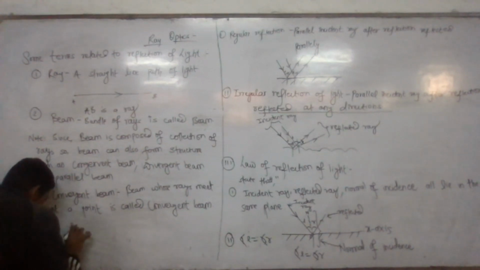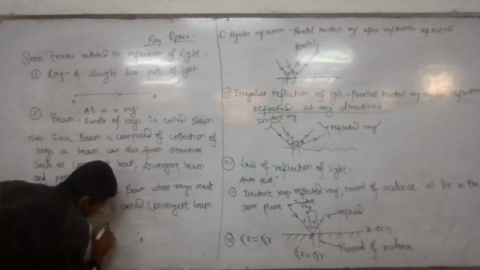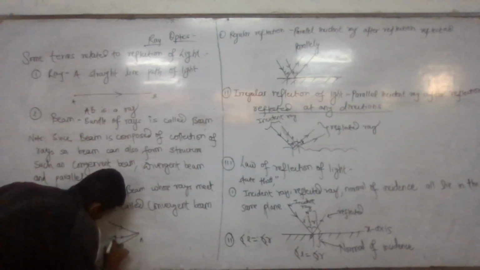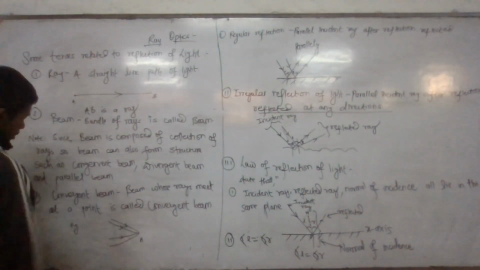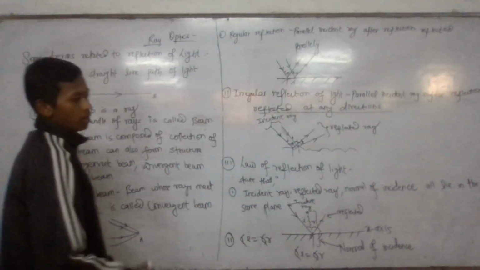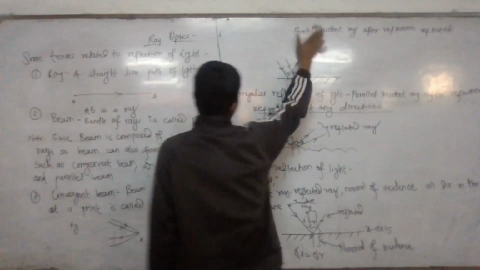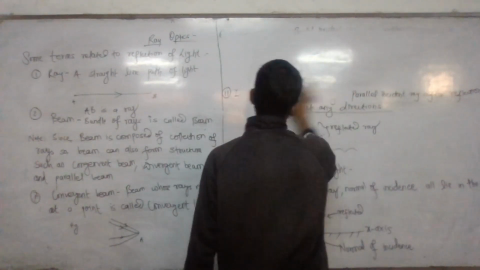Example, see, this is point A, and all the rays are converging at the point. All these rays are converging at point A. So these three rays are convergent rays and so it is called a convergent beam.